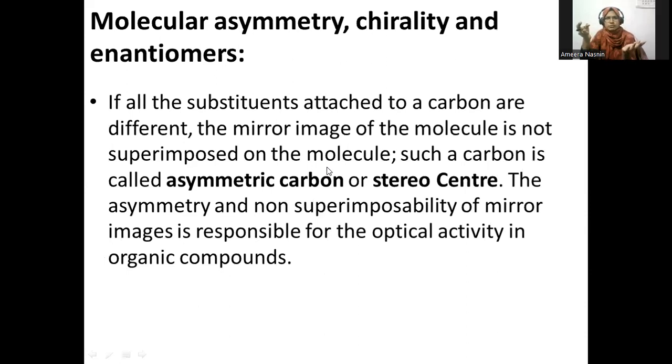What do you mean by superimposing? Superimposing means when we place one thing over the other, it will sit perfectly over the first one. That is what non-superimposable means. Okay, so a carbon in which all four groups are different, its mirror images will not superimpose with each other.